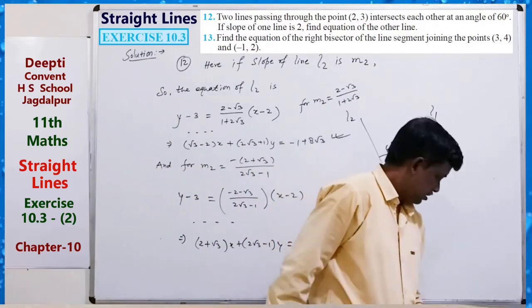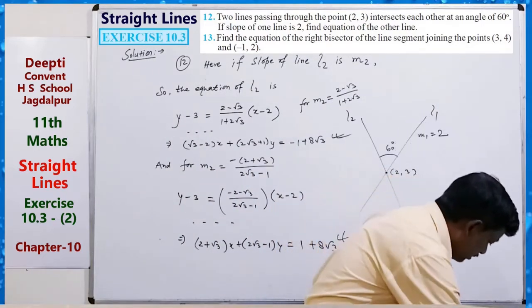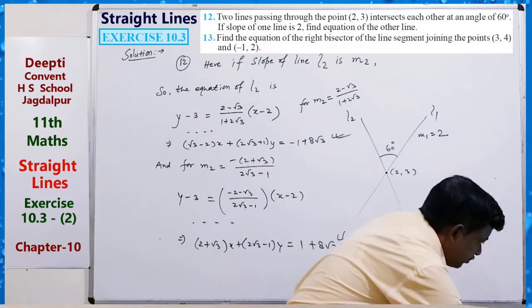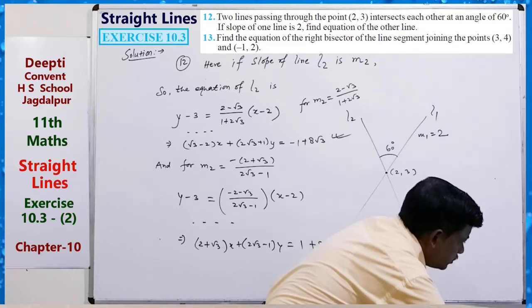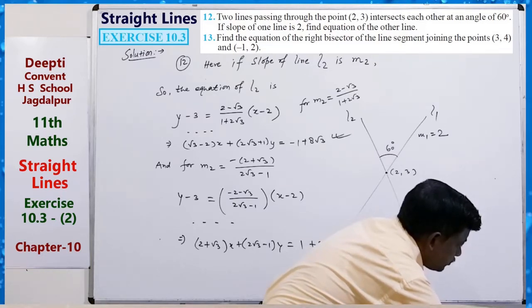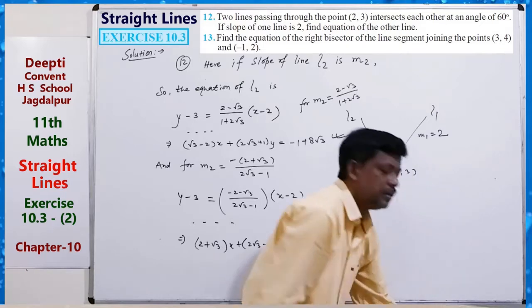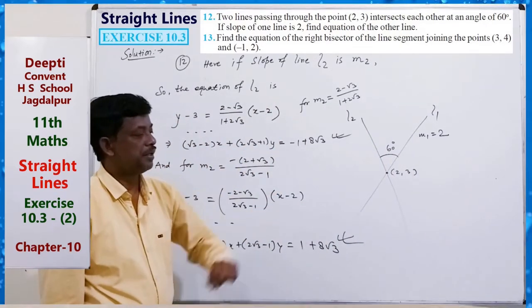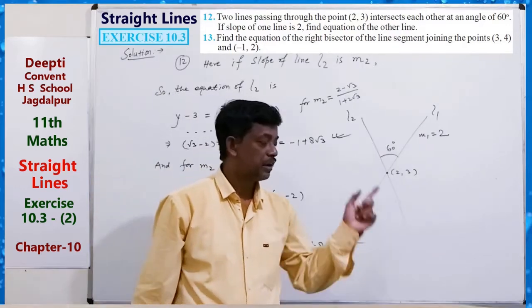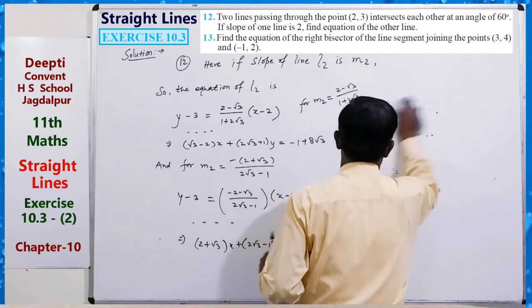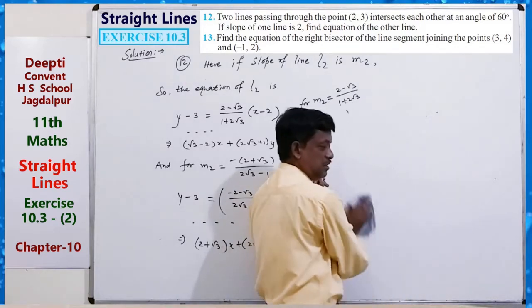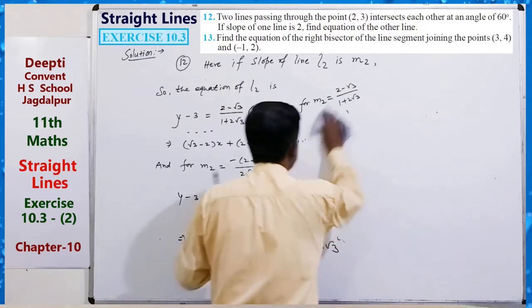Okay, now question 13. Find the equation of the right bisector of the line segment joining these 2 points.